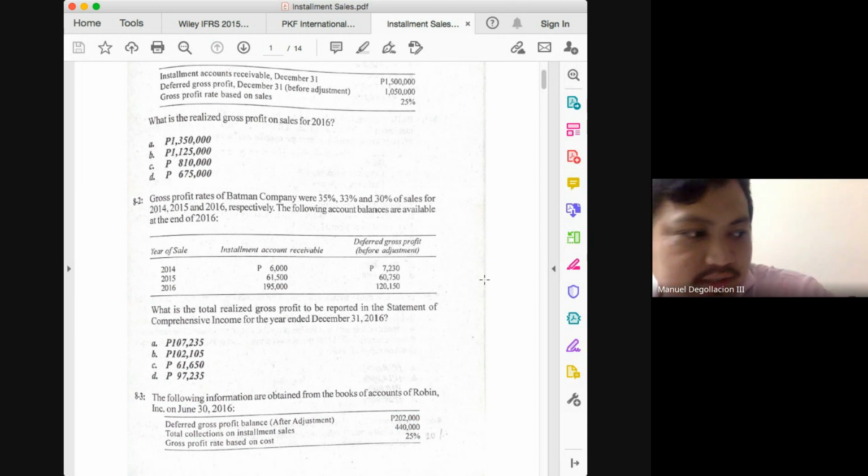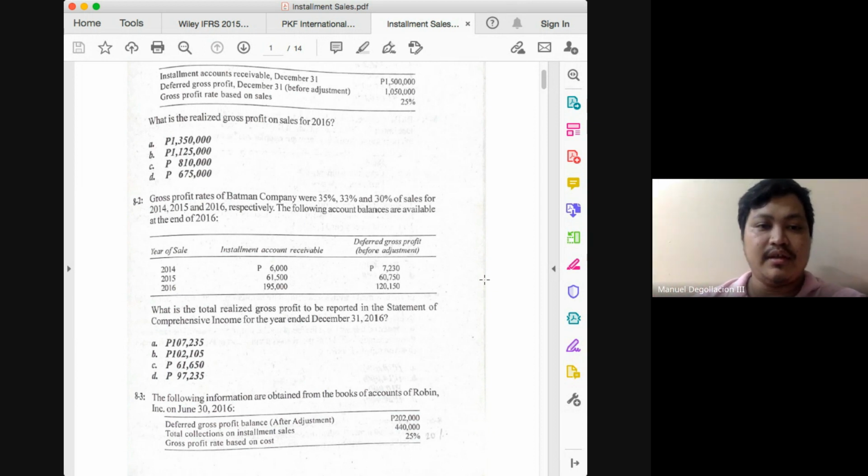And that means the DGPN should be 2,100. And since the DGP before adjustment was 7,230, then that means your realized gross profit for the year is 5,130. That is for your 2014 sales transactions. Okay, so your RGP during 2016 for your 2014 sales transactions is 5,130.